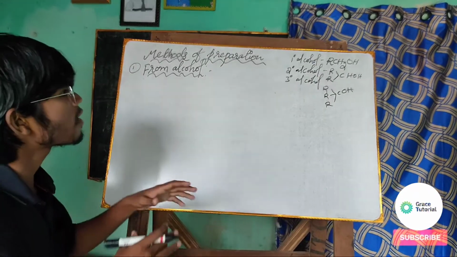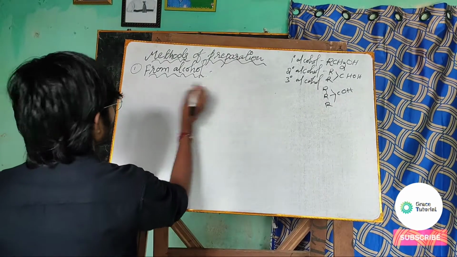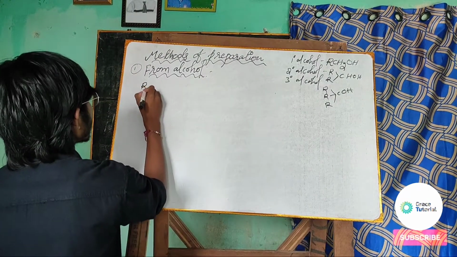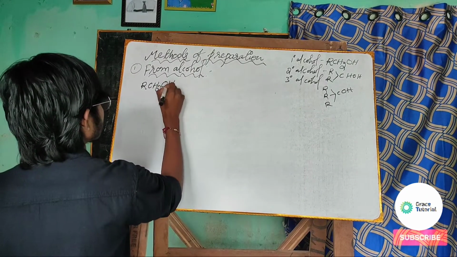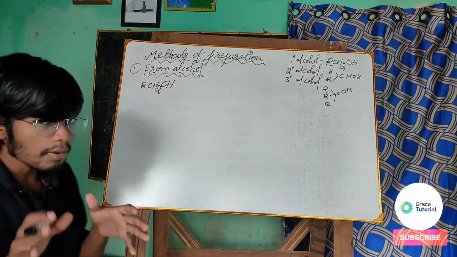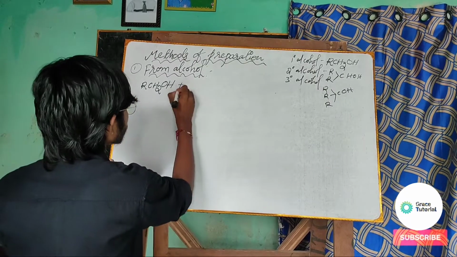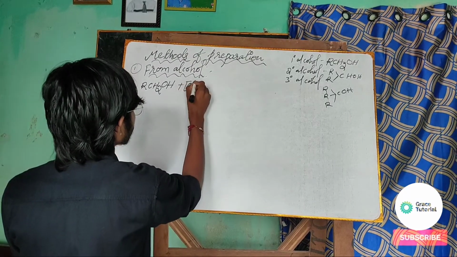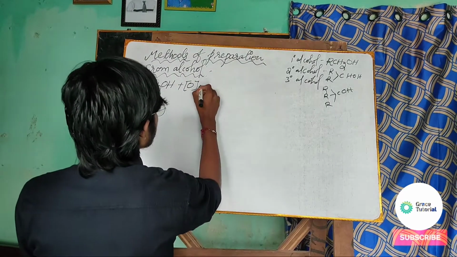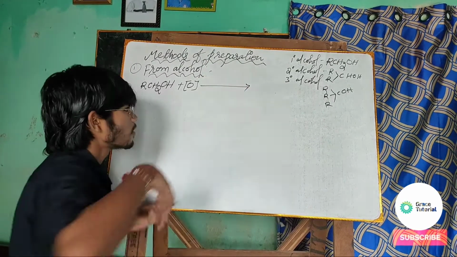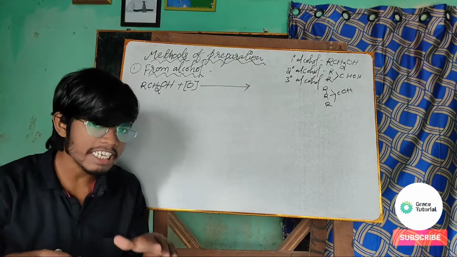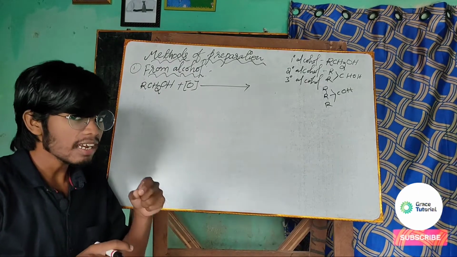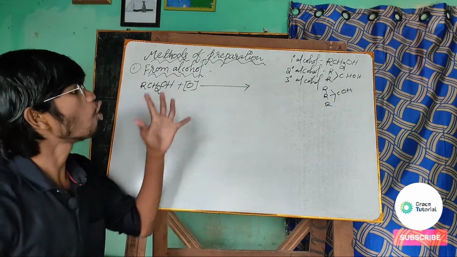Suppose we will take the primary alcohol. What is the formula for primary alcohol? RCH2OH. When the primary alcohol gets oxidized, we know that, because during the preparation of aldehydes as well as ketones we used the alcohol.